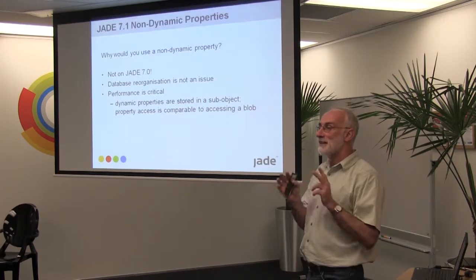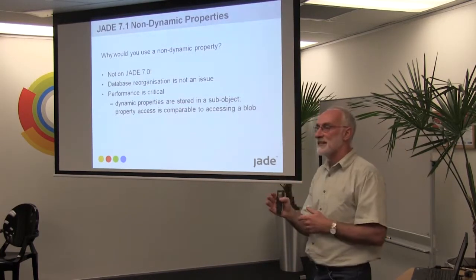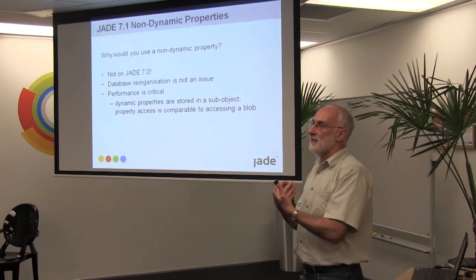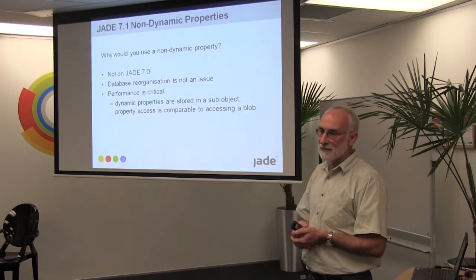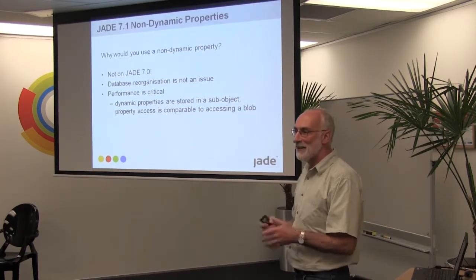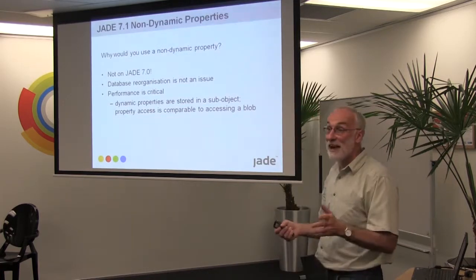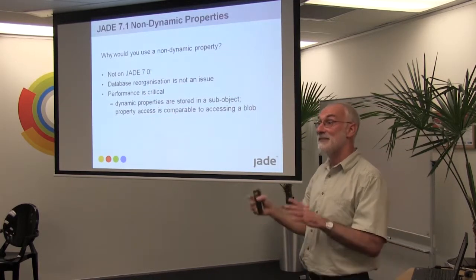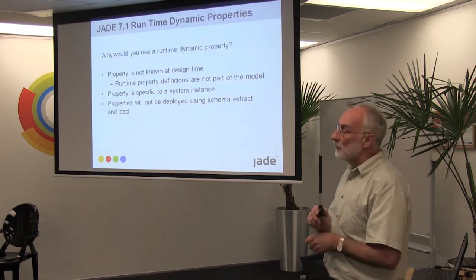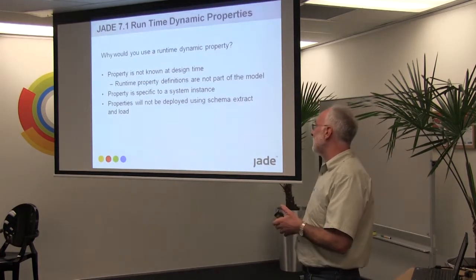So if you're really worried, the overhead of accessing a slob is about 70 or 80%. So it's not twice as slow, but if you're really worried about it, then other than that, you might like to think about using a dynamic property. Would you use a runtime dynamic property?